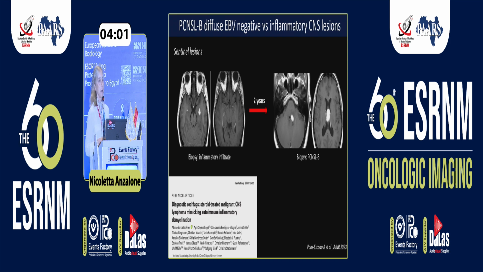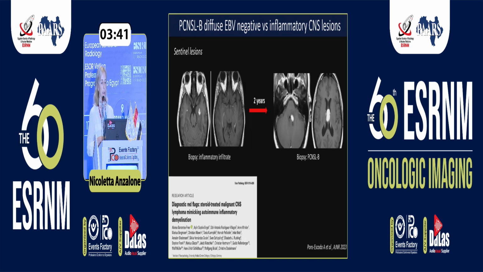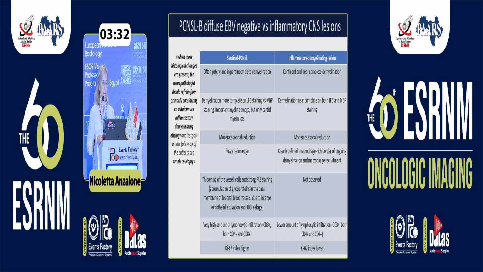So they made the biopsy in this case, and the biopsy was not definitive, but more towards an inflammatory lesion, since it showed some demyelinating histology patterns. After 2 years it showed up to be a different lesion, more aggressive, and a second biopsy revealed the presence of a primary central nervous system B-cell lymphoma.